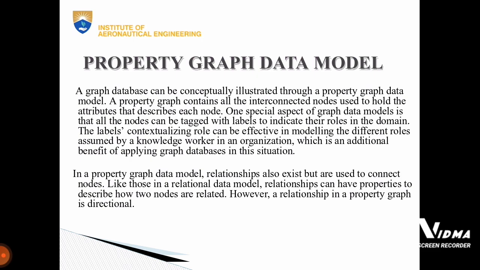In a property graph data model, relationships also exist and are used to connect nodes, like in relational data. Relationships can have properties to describe how two nodes are related. However, a relationship in a property graph is directional.